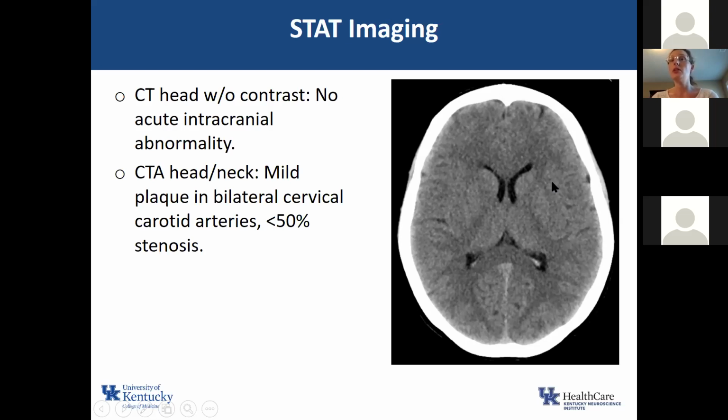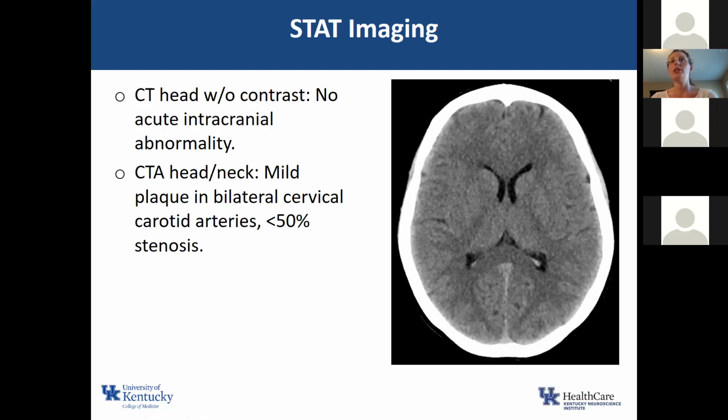That's number one. And the second thing is to make sure you don't see any large areas of hypodensity or dark areas that would represent acute ischemia, which would also increase the risk of bleeding if we were to give TPA if they had quite a large area.